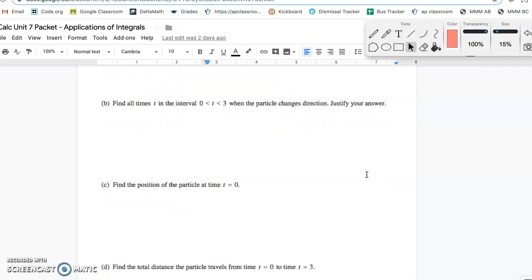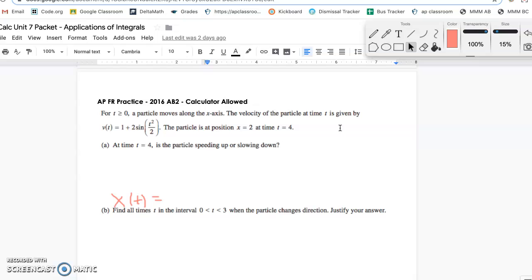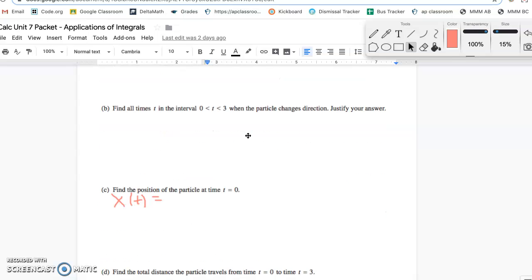So find the position of the particle at time t equal to 0. In order to do this, remember, if we want to find position, x of t is going to be our original. In this problem, our original time is at 4, and the position is 2.